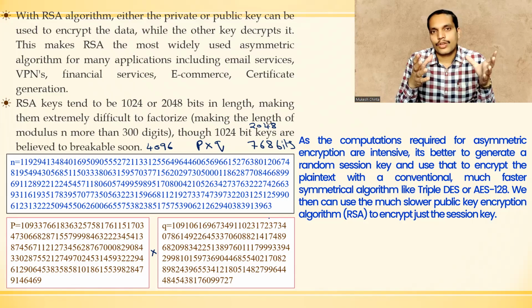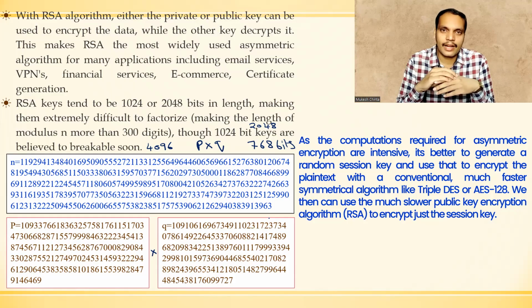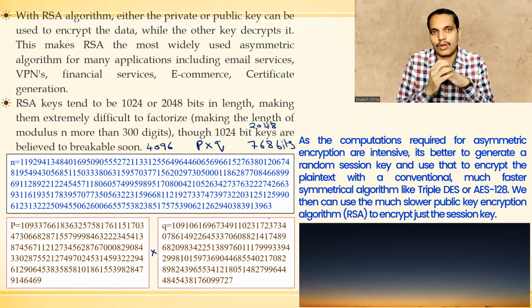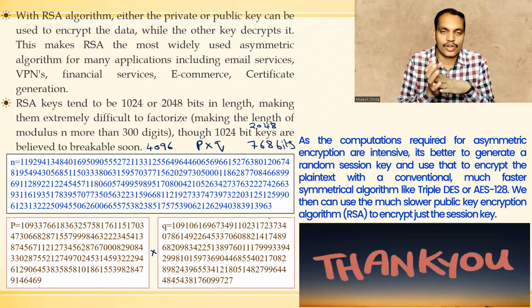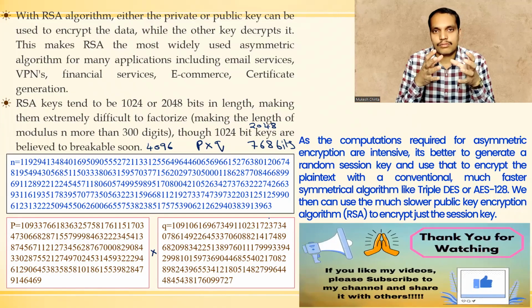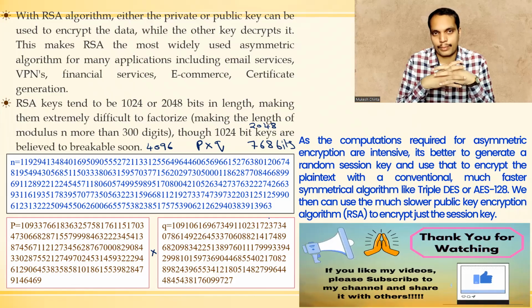So rather than doing the encryption and decryption of data using an asymmetric encryption algorithm, it is always better to use a symmetric encryption algorithm like AES or triple DES or even DES, and use the asymmetric encryption algorithms to encrypt the session key that is used for symmetric encryption and send it. The best application of asymmetric key encryption algorithms is key generation, or the encryption of the symmetric key that is used for the encryption purposes.